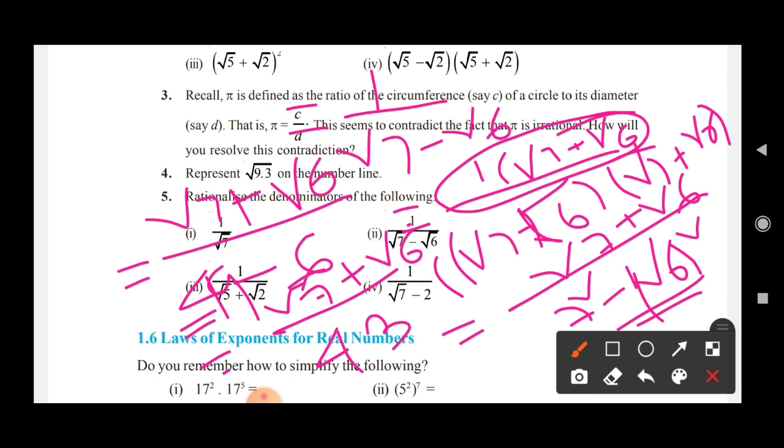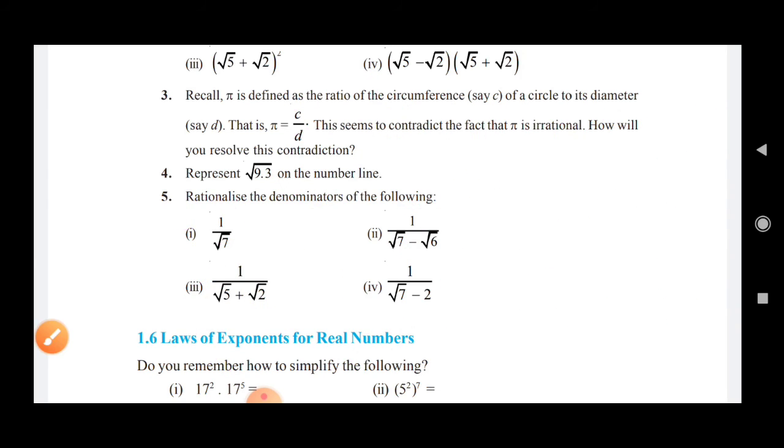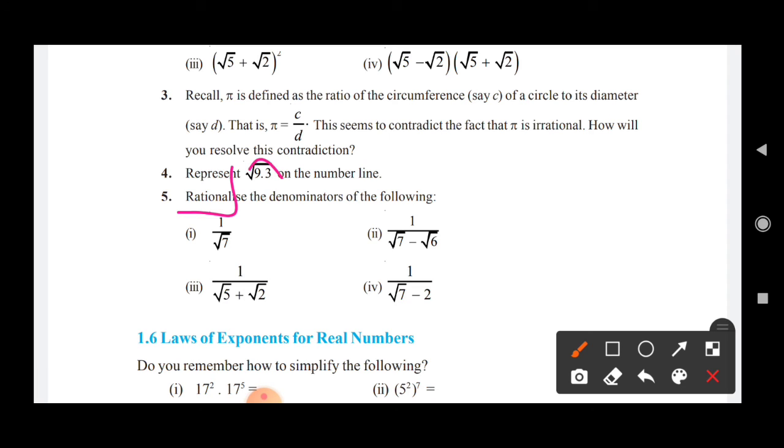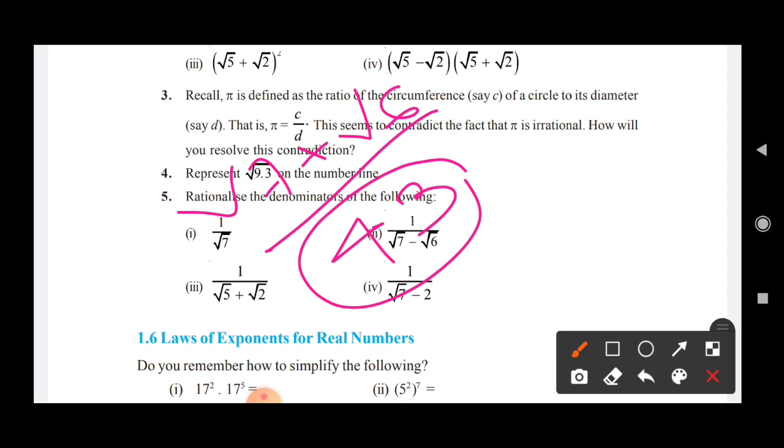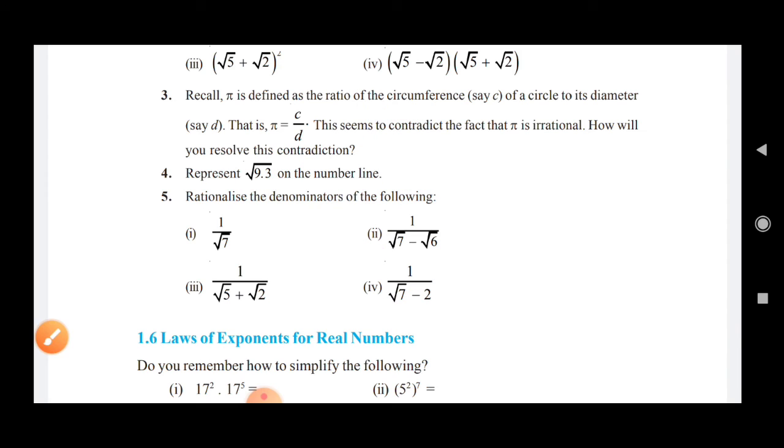So this is the solution of question number 2. Finally, you have got root over 7 plus root over 6 divided by 43, and 43 is a rational number.